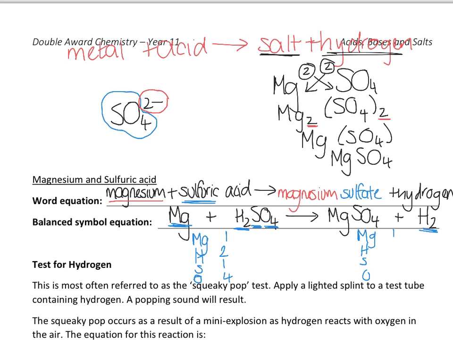I have H2, so that's 2 hydrogens, S, so 1 sulfur, and O4, that means 4 oxygens. And you can see that the list on the left matches the list on the right, and so my equation is already balanced. So my equation for magnesium plus sulfuric acid is Mg plus H2SO4, arrow MgSO4 plus H2.